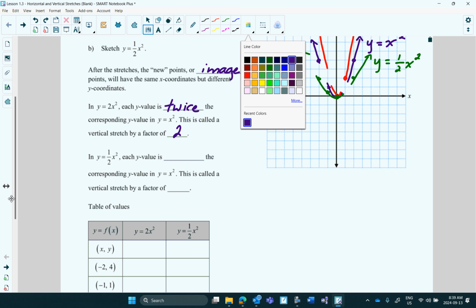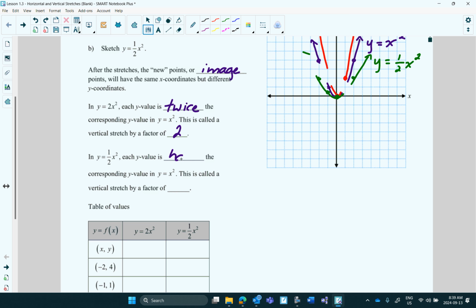And then in a half x squared, each y value was half the corresponding y value in x squared. The x value stayed the same, so we call this a vertical stretch by a factor of 1/2, because all the y values are being multiplied by 1/2.